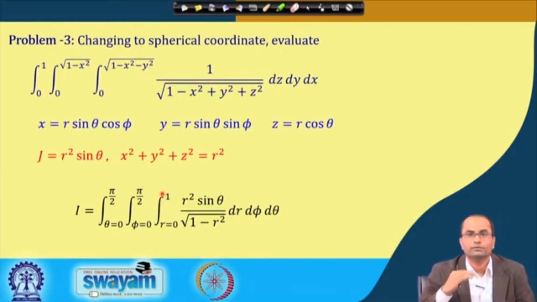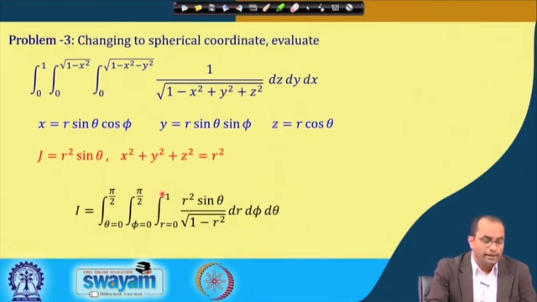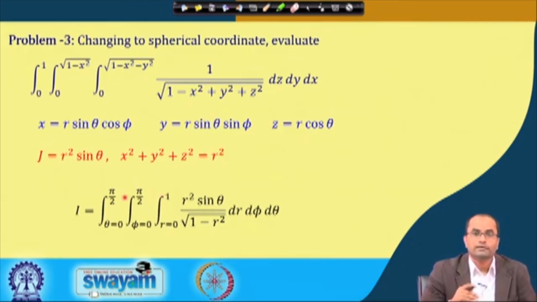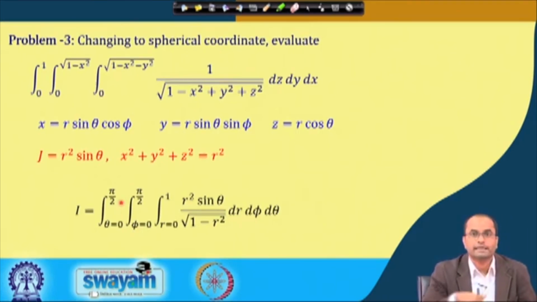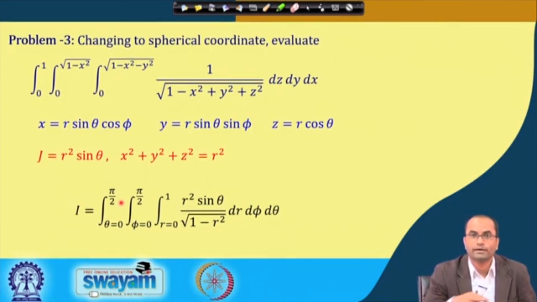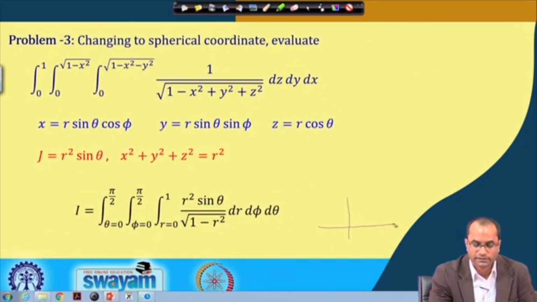So, r goes from 0 to 1, to that sphere, and then we have to see about the angle phi, which is measured from the x axis. So, that is 0 to pi by 2, because that was 0 to square root of 1 minus x square.